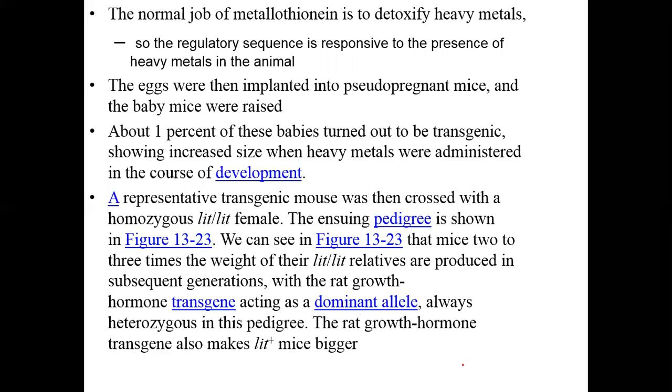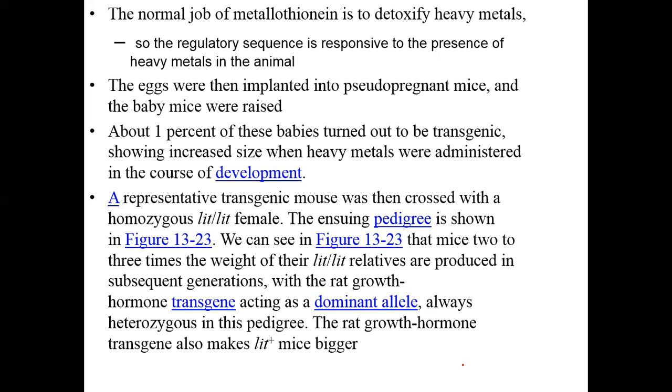About 1% of these babies turned out to be transgenic. These transgenics showed increased size when heavy metals were administered in the course of development. A representative transgenic mouse was then crossed with a homozygous little female.